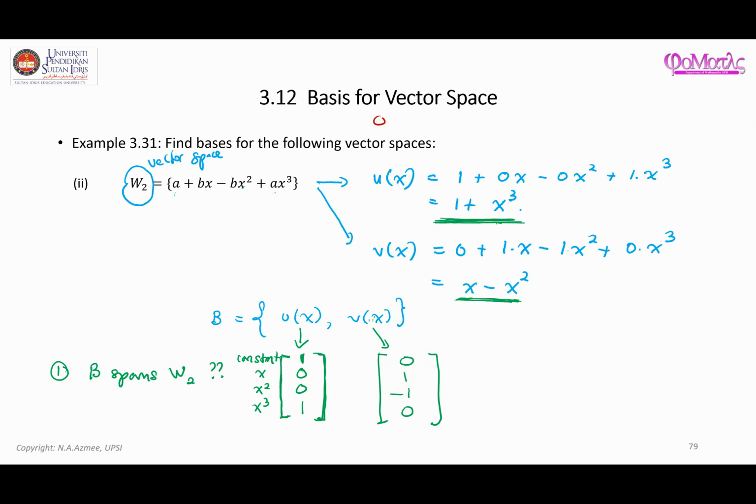Therefore, in order to show that B spans the vector space here, we need to think of the combination of these two vectors here, which is C1 times 1, 0, 0, 1 plus C2 times 0, 1, negative 1, 0. This should be equal to something, and we can represent it with alphabets.